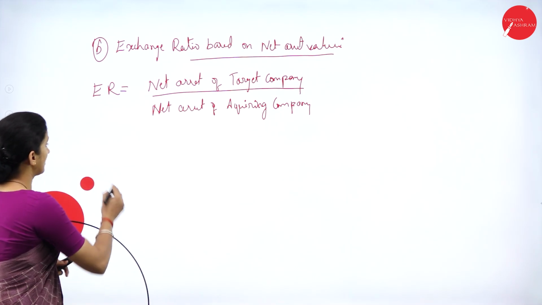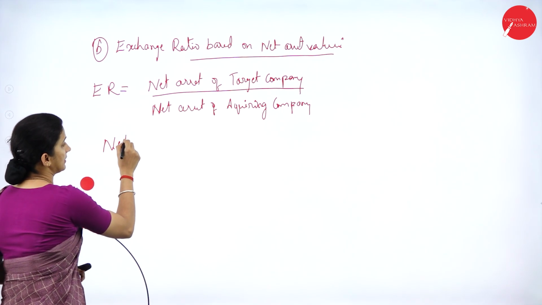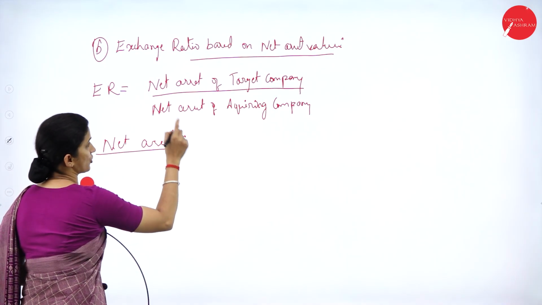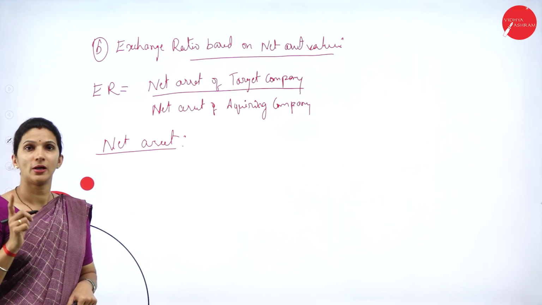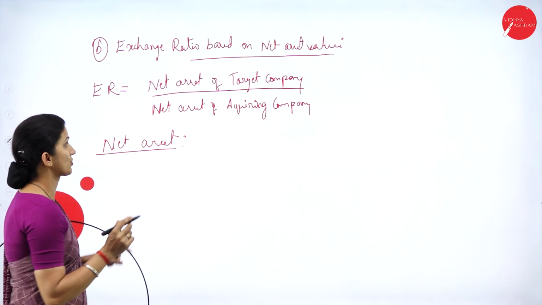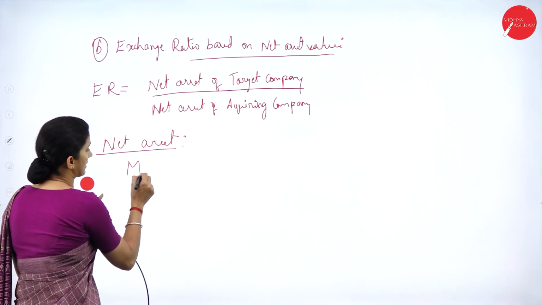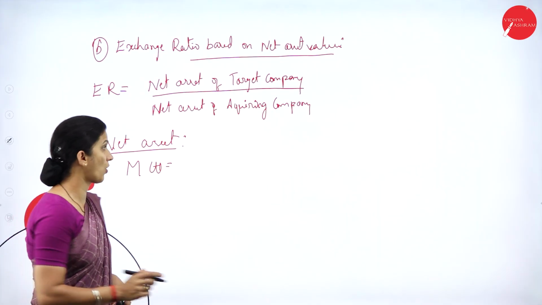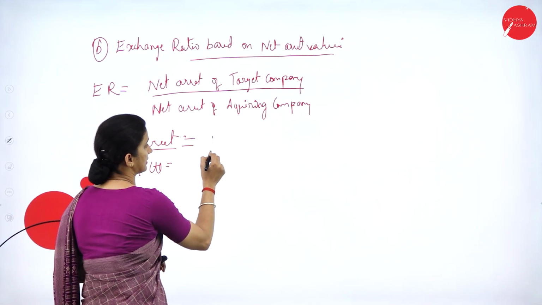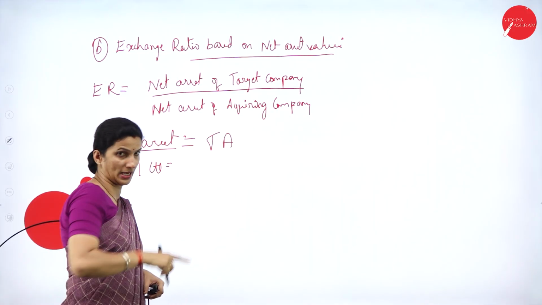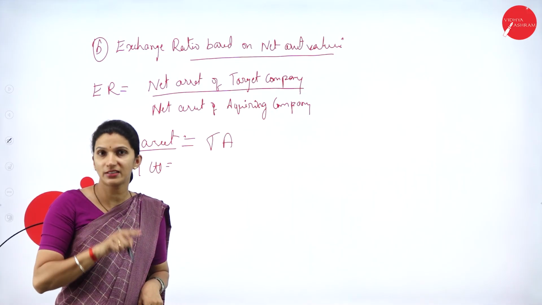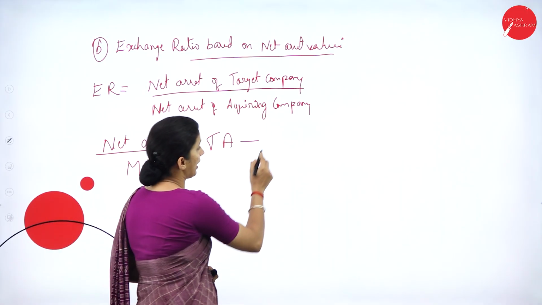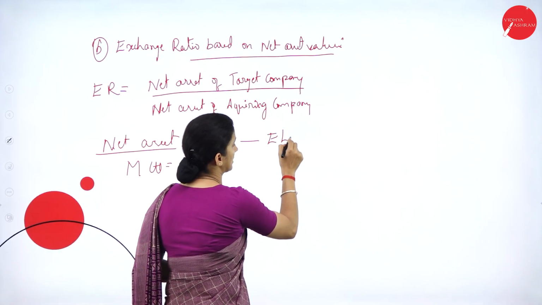So first we will calculate the net asset of the target company and the net asset of the acquiring company. First we will calculate the net asset for M Limited. So what does net asset mean? Your net asset is your total asset, including fixed asset and current asset, minus external liabilities.